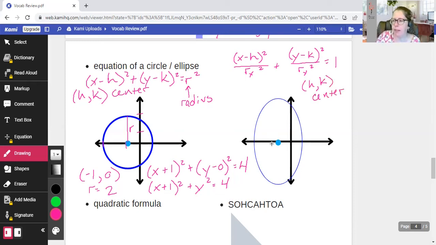All right, but this time you've got these r's, and so this is usually written as a and b, but I prefer to talk about it like this: r sub x, r sub y, just because r, you're already familiar with. That's a radius, and it's just different for the x-axis versus the y-axis because it's an oval. All right, so rx is going to be along the x-axis, and ry is going to be along the y-axis.